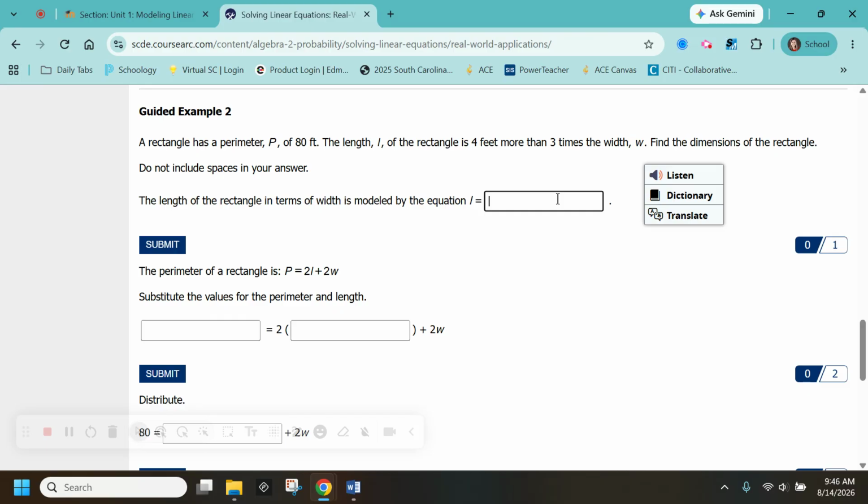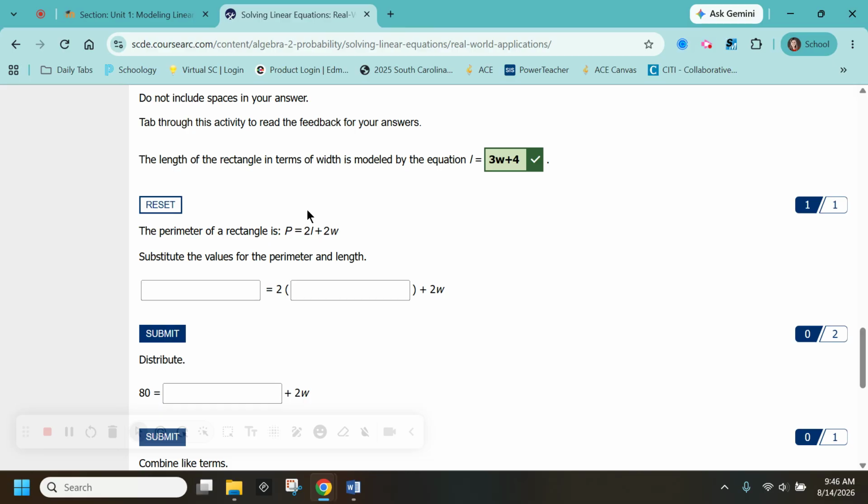So 4 feet more than 3W looks like 3W plus 4. Again, if you were to type in 4 plus 3W, technically that's correct, but this program only allows you to type it one way. So always write it in standard form with the variable first.